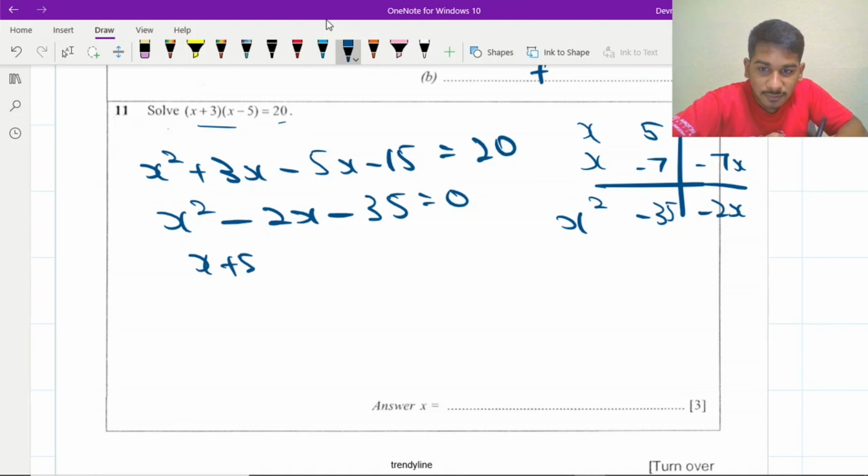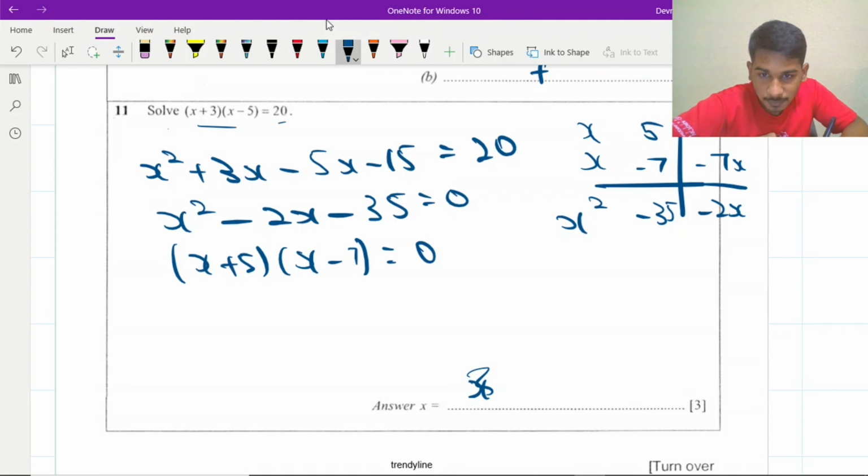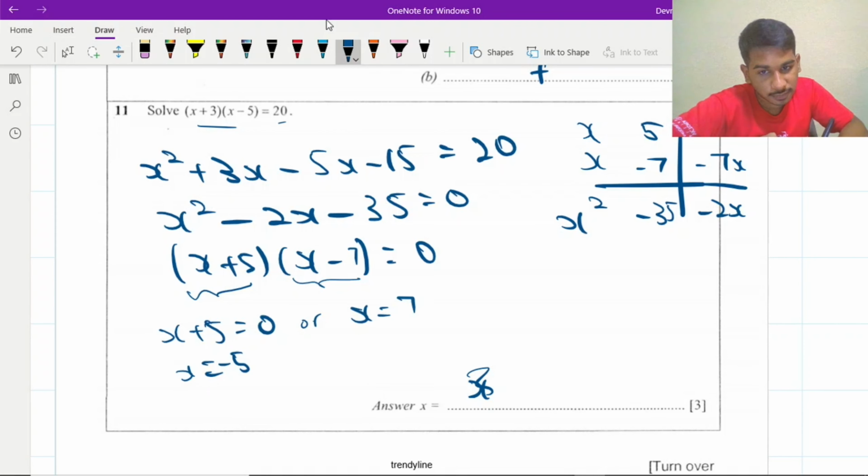X plus 5 and x minus 7. So for this to be 0, we need this to be 0, or this has to be 0. X plus 5 is 0, which means x is negative 5, or x is equal to 7, right? Yeah, if you put 7 here, it's going to be 0. So it's going to be negative 5, or 7.